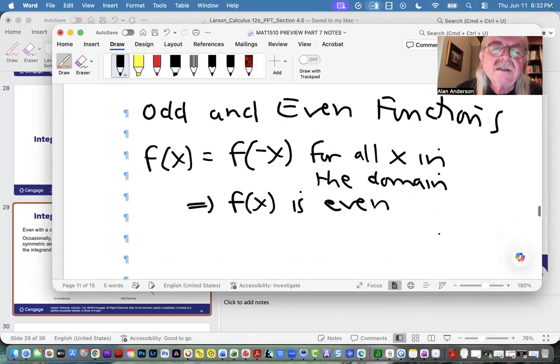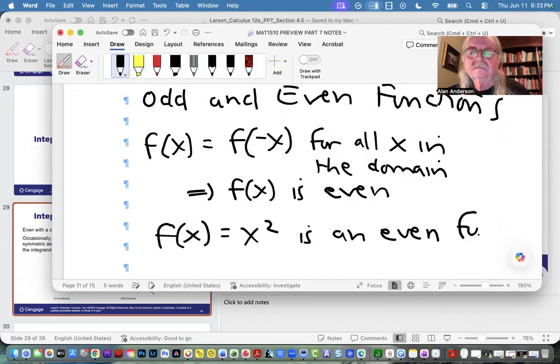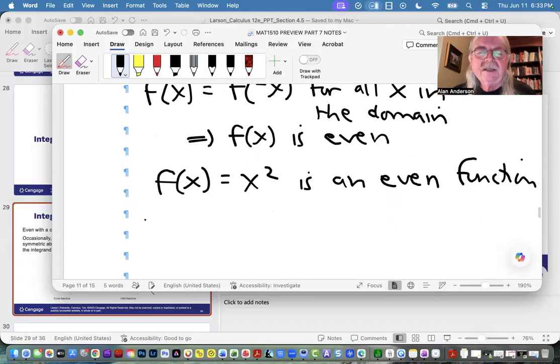All right, now the classic example of this is x squared. Why is that? Because no matter what values I pick, let's say, all right, let's do 3.